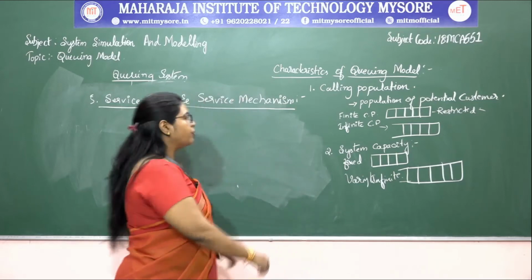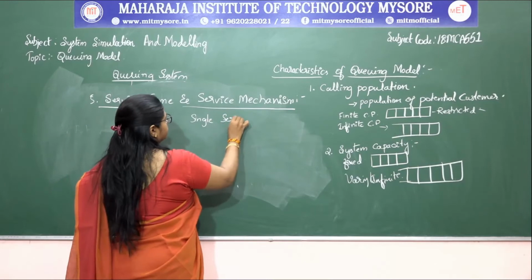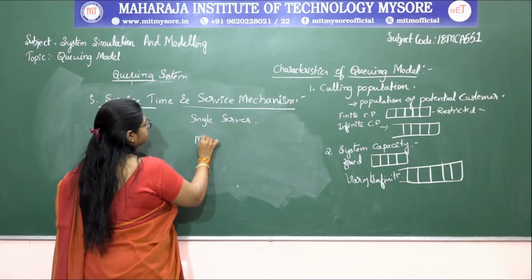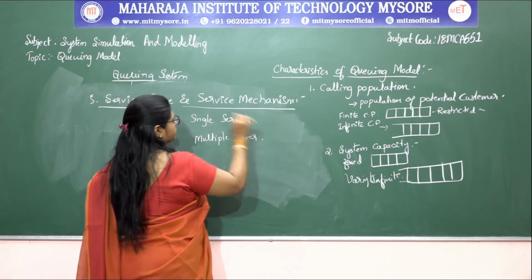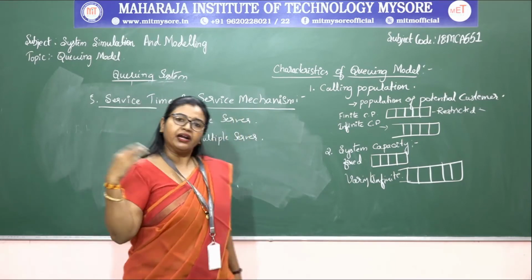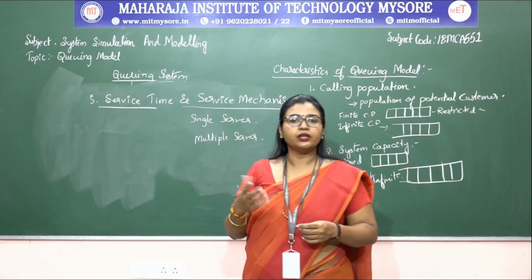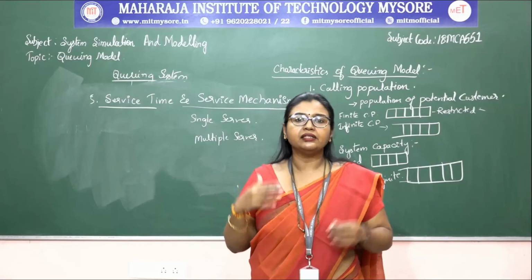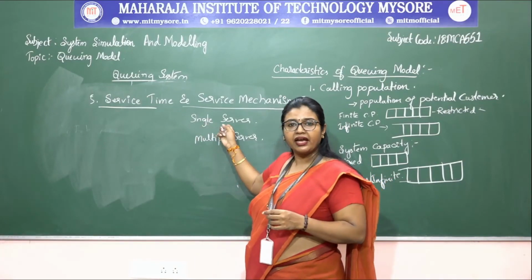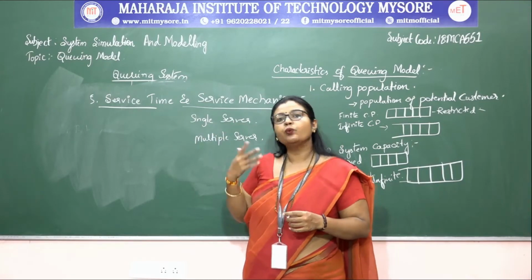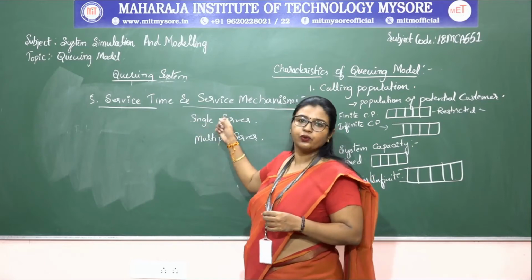We can have a single server or multiple servers. If you have only one server and the queue is very lengthy, definitely time will be wasted. The queue length will be very high, and definitely you will get the service very late, with delay.